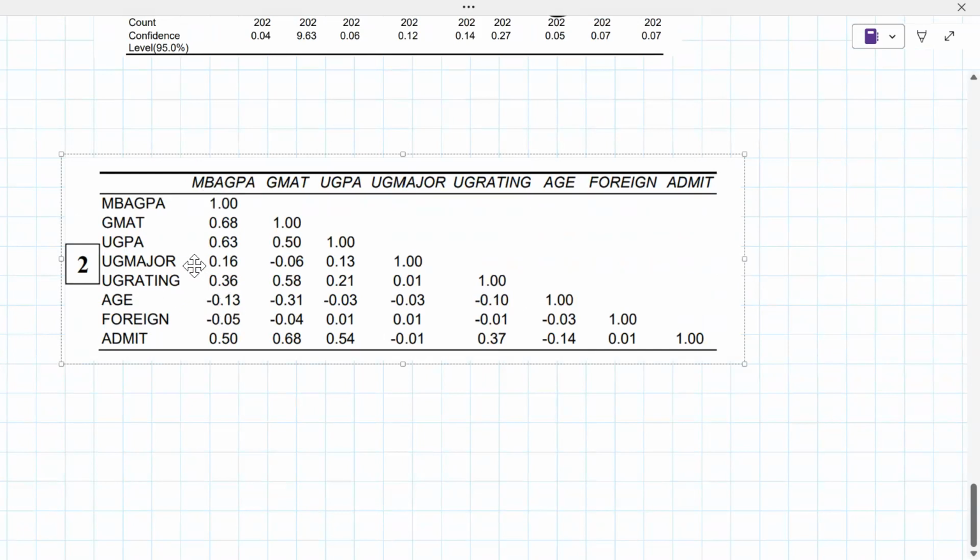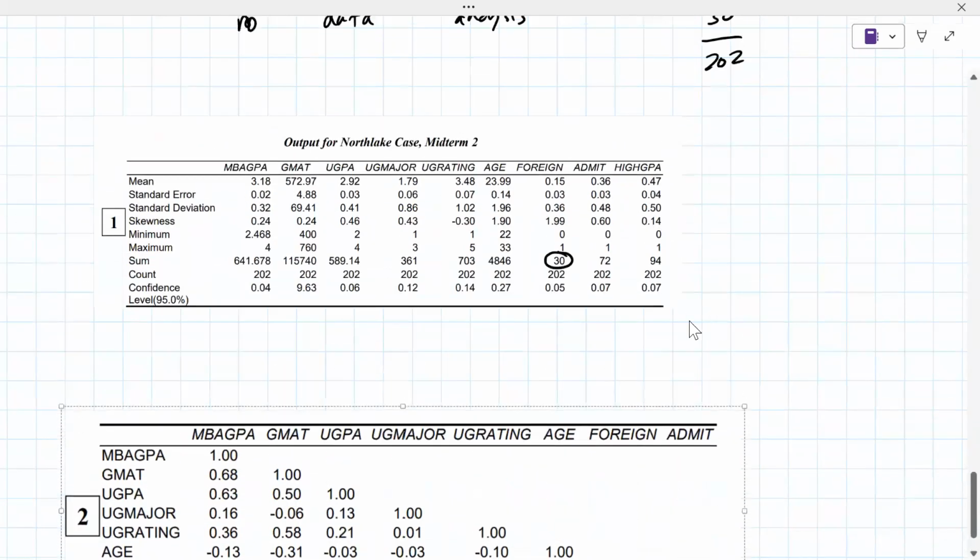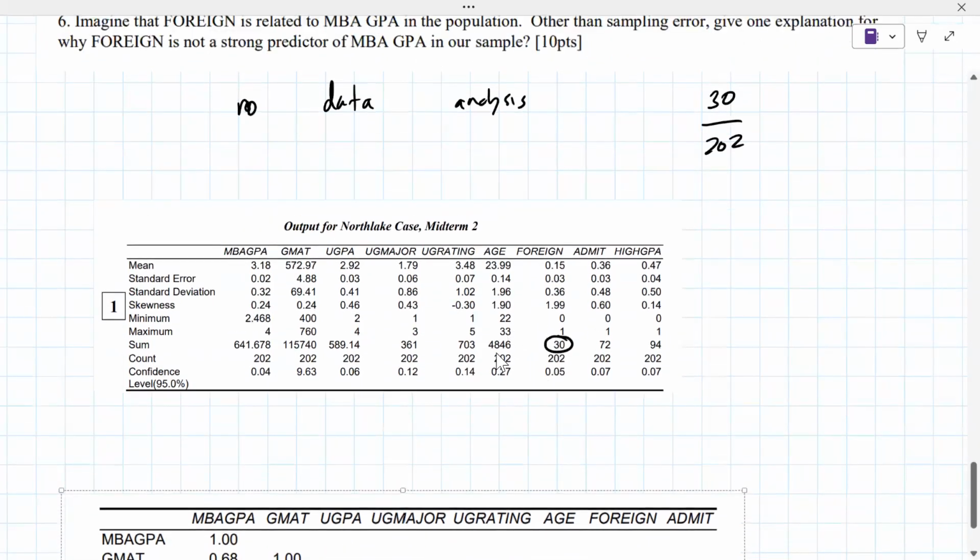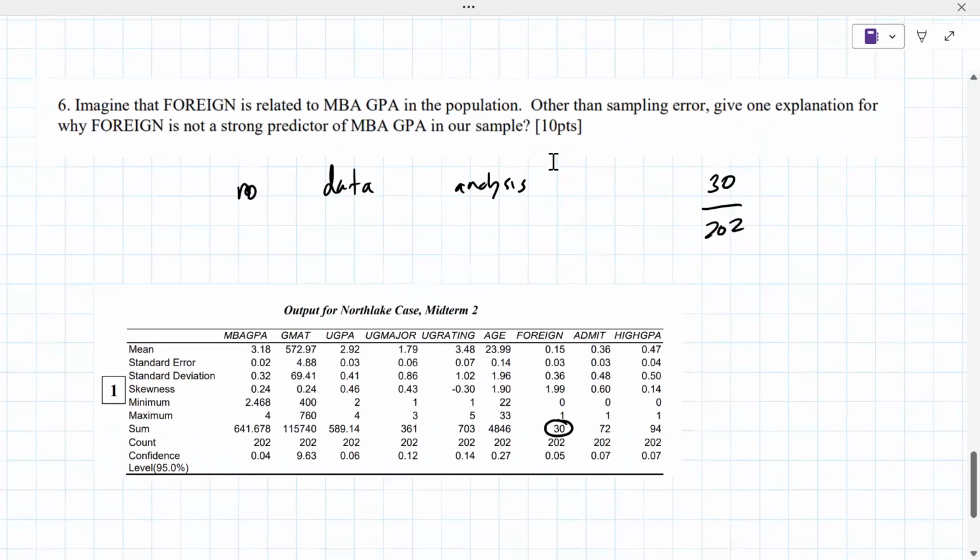That would tell us that foreign students do really well, which maybe is the perception. But it could be that you just sampled a bunch of students that do well or don't do well, and we don't have enough of them. I think what they're trying to say in the answer is that you don't have a large enough group to make a good claim.